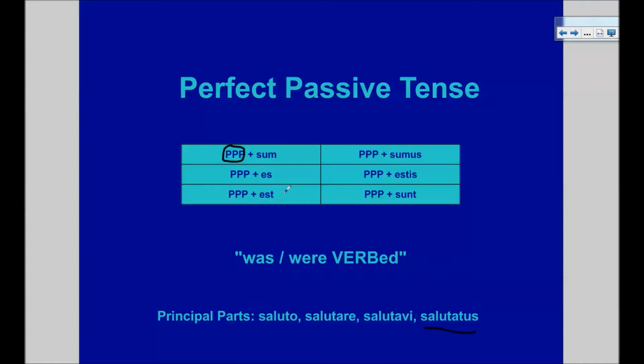So, if I wanted to say he, she, or it was greeted, I would take the fourth principal part, salutatis, and then I would put the est afterward, and it would look like this. Salutatis est, he, she, it was greeted.